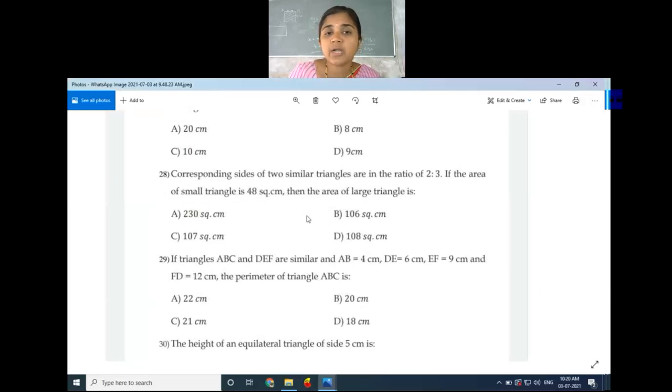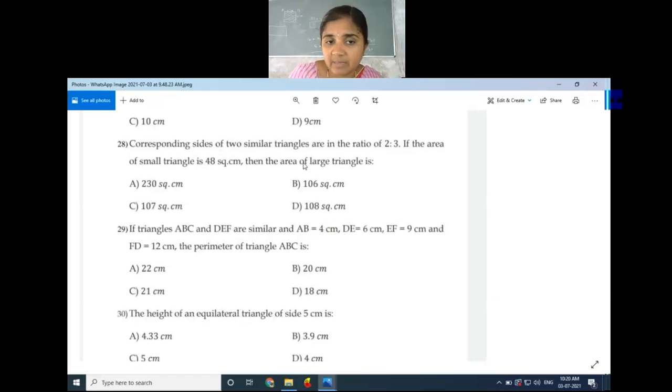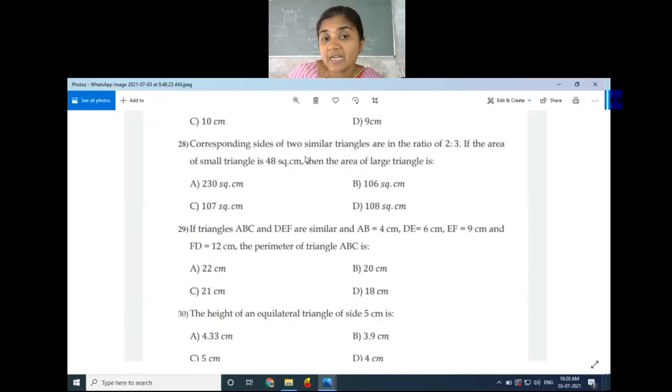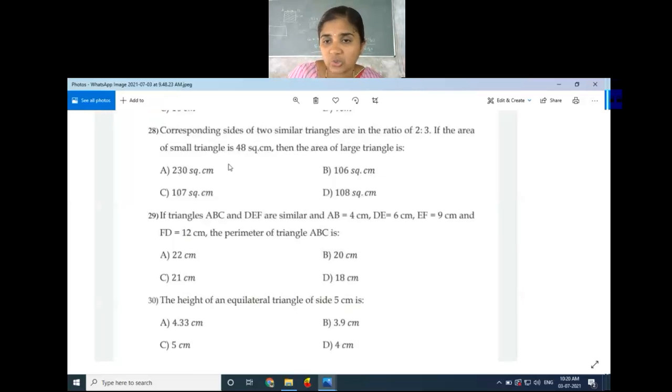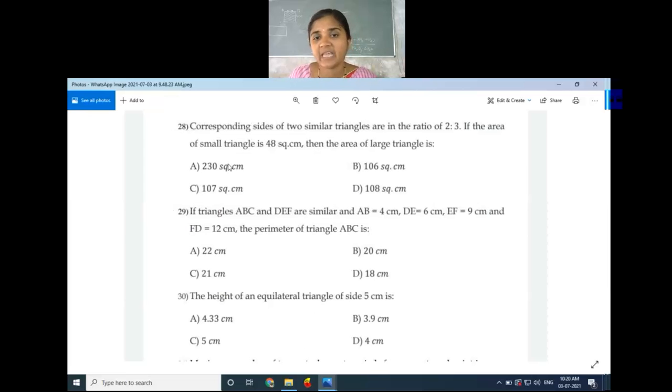Next question, question number 28. Corresponding sides of two similar triangles are in the ratio 2:3. If the area of the small triangle is 48 square centimeter, then the area of the large triangle is dash.